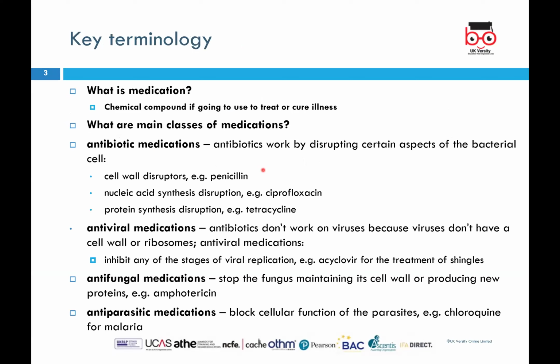these disease agents. What is medication? It's a chemical composition or a chemical compound used to treat or cure illnesses. Sometimes we want to prevent an illness from happening also. For instance, I'm not talking about infectious agents, I'm just talking about a headache.